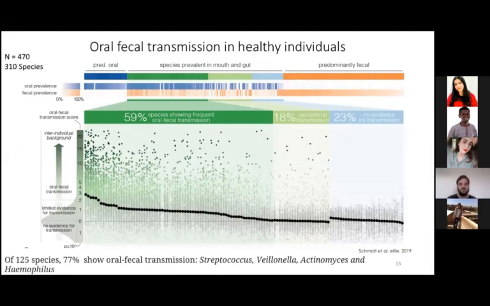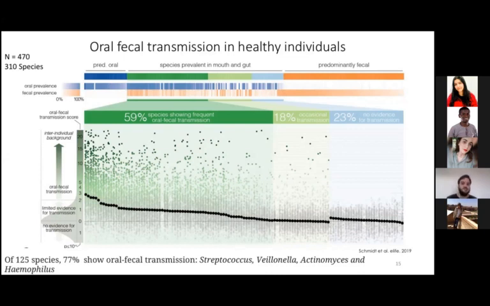Using about 400 healthy individuals and looking at about 310 species, they say that about 125 of these species, 77% of them, show really prevalent oral-fecal transmission.